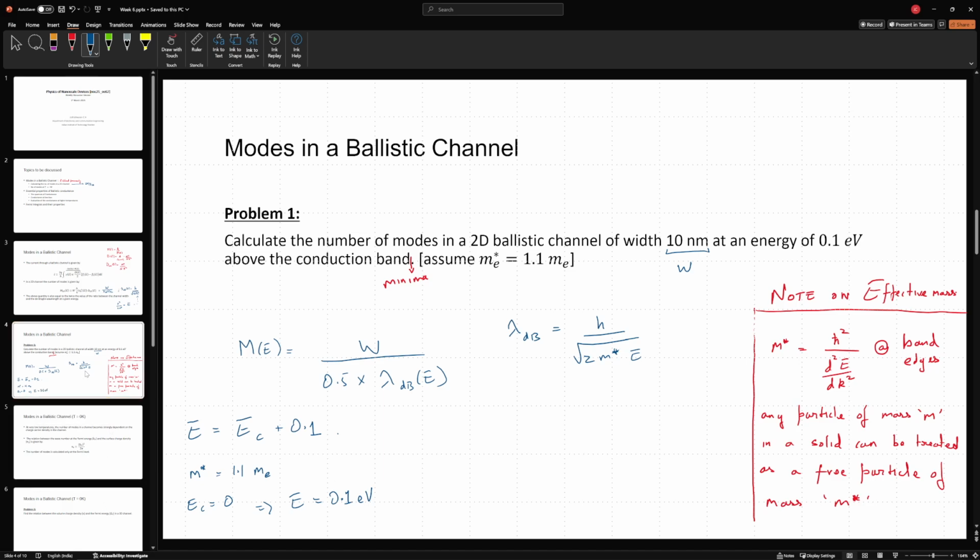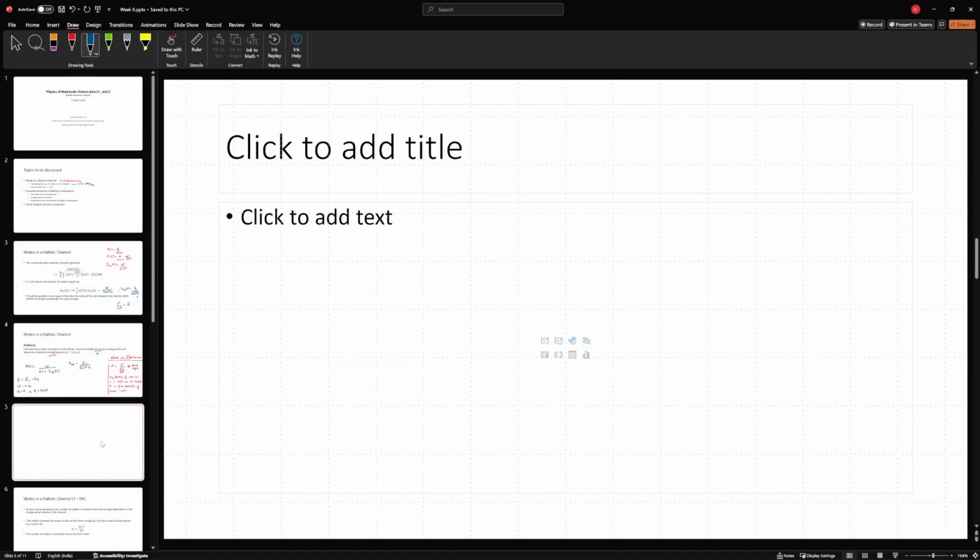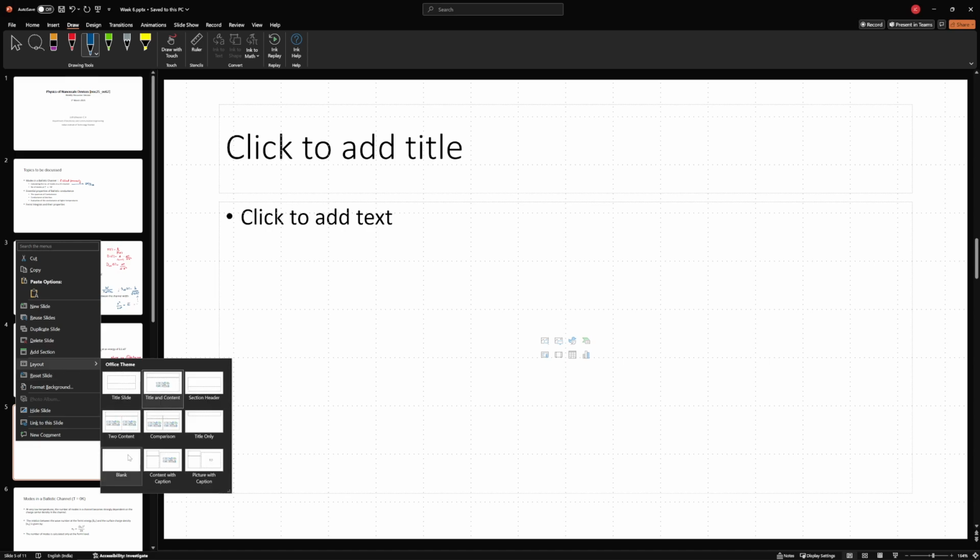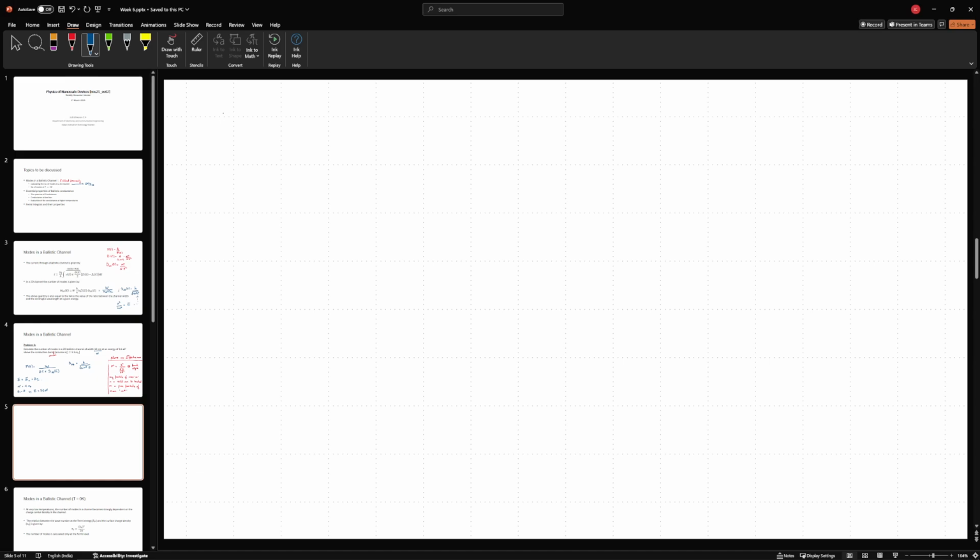Let me make a new slide. So that implies lambda dB is going to be h divided by the square root of 2 into 1.1 into the mass of the electron, 9.1 into 10 to the power minus 31, into 0.1 into 1 electron volt.